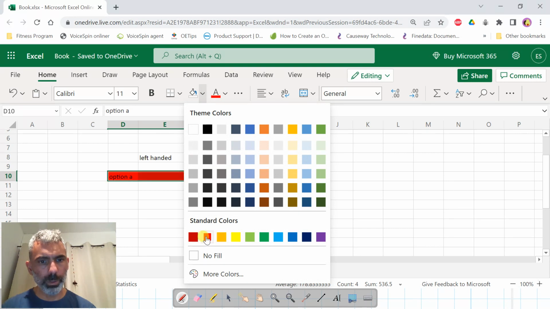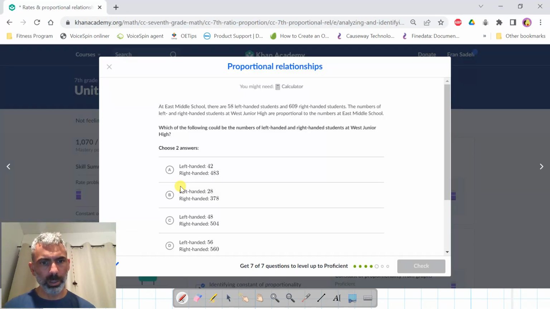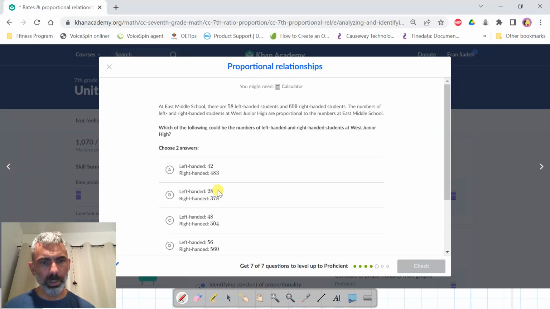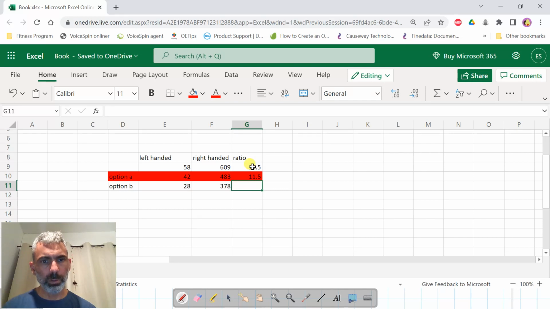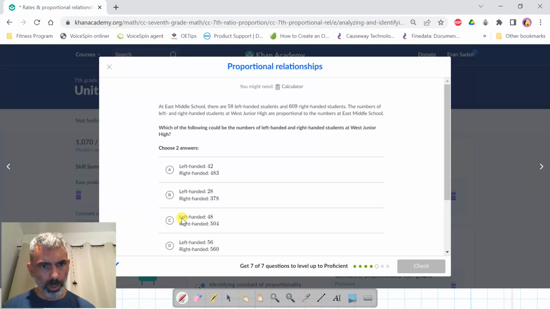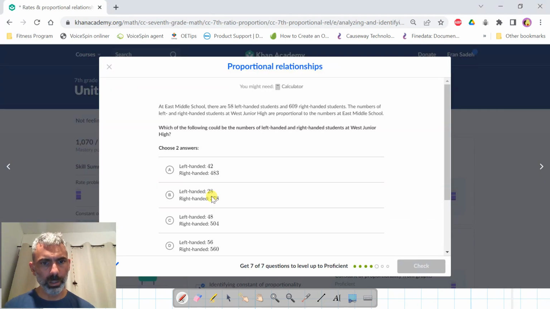Okay, so let me color it in red. Option B, there are 28 left-handed students and 378 right-handed students. So here the ratio is 13.5, which is not the same ratio. Option C, we have 48 left-handed and 504 right-handed.